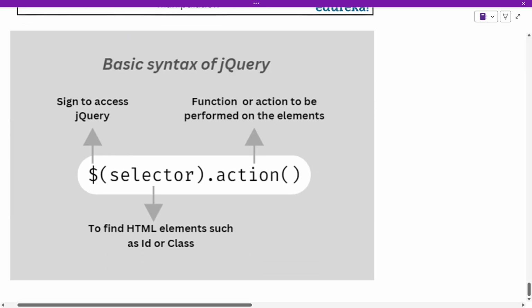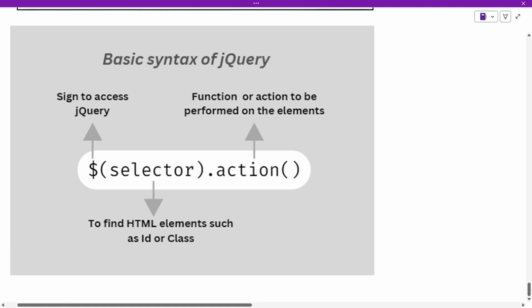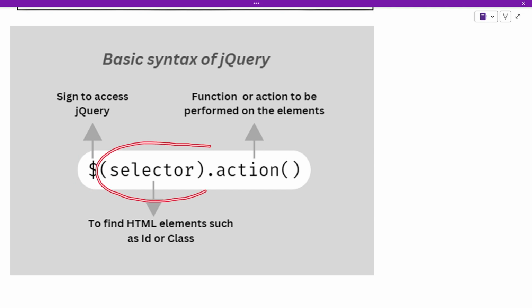So what does jQuery do? jQuery is nothing but a special syntax, which we can write in a JavaScript file. The way we access the objects is different in jQuery. This is the basic syntax of how jQuery looks. We use a special symbol and a selector.